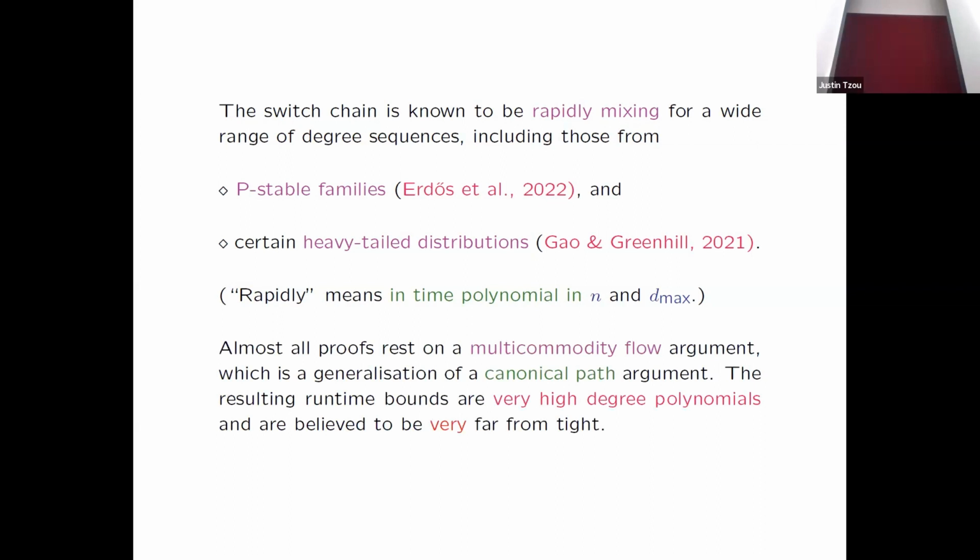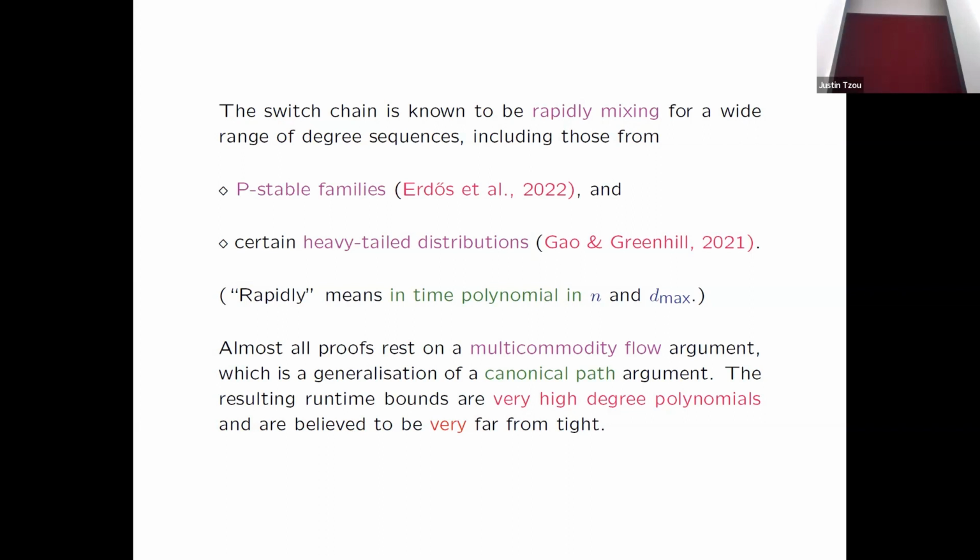Now, pretty much all of the proofs we know either use a multi-commodity flow argument or rely on results that had been proved using a multi-commodity flow argument. And a multi-commodity flow argument is just a generalization of a canonical path argument. So instead of just one path between two states, you might take a finite set of paths and average your flow over all of these paths, and it helps you smooth out the flow even more to try to avoid congestion.